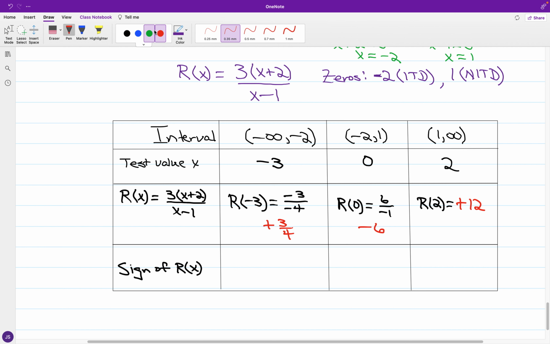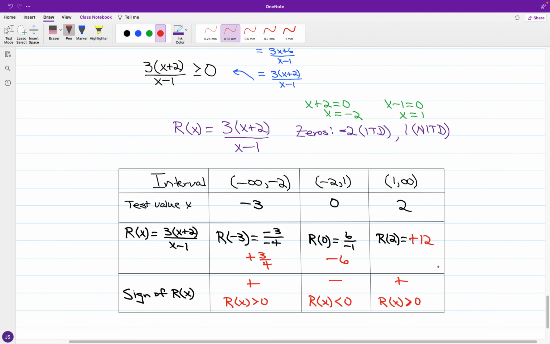And for the sign of r of x, so you got a positive. So you have r of x is greater than 0. Next we have a negative, whereupon we have r of x is less than 0. Then we have a positive, again, where we're going to have r of x is greater than 0.